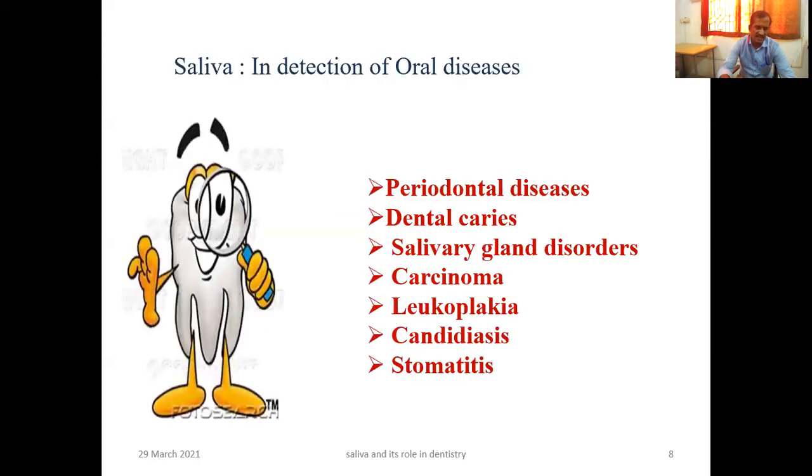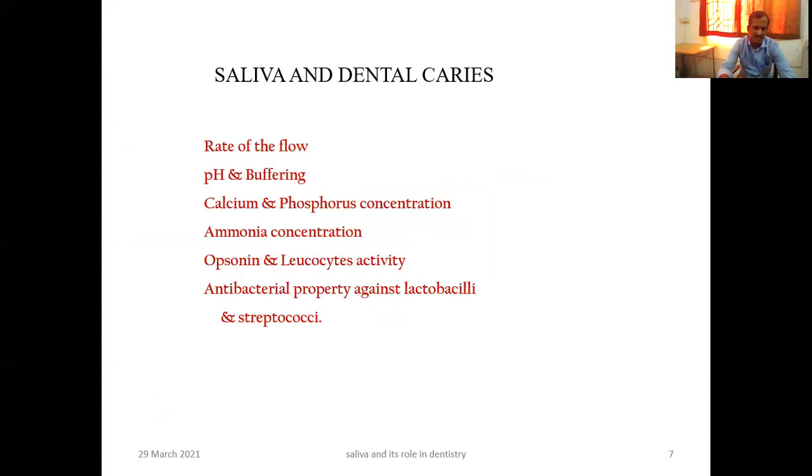How does the rate of flow affect caries? If suppose there is decreased salivation, the rate of flow of saliva is decreased, then eventually the self-cleansing mechanism, the natural mechanism of cleaning your teeth, gets affected.